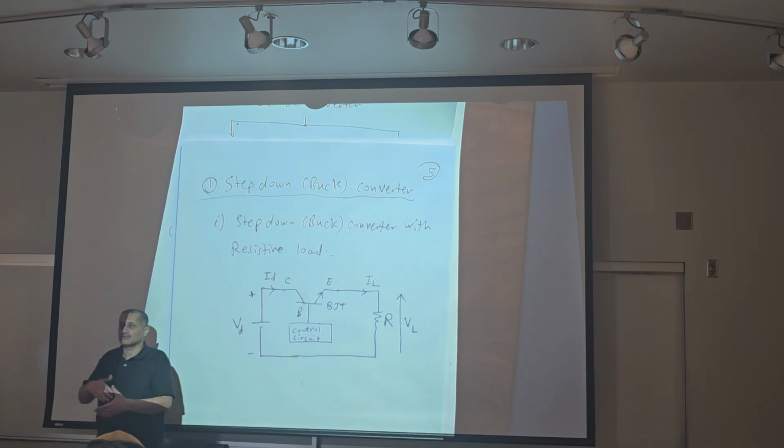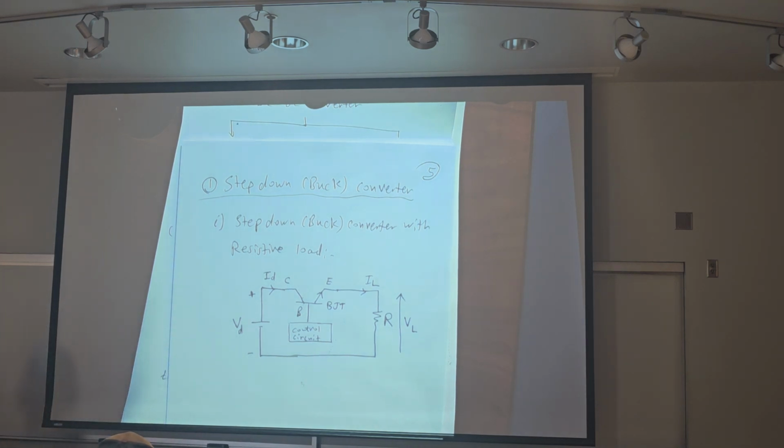So it's called insulated, similar to MOSFET. But the MOSFET is high cost, so the insulated gate bipolar transistor is low cost.